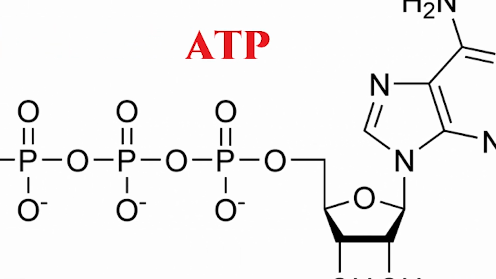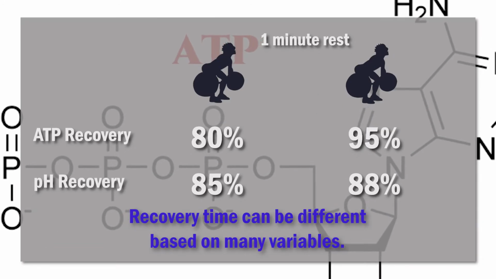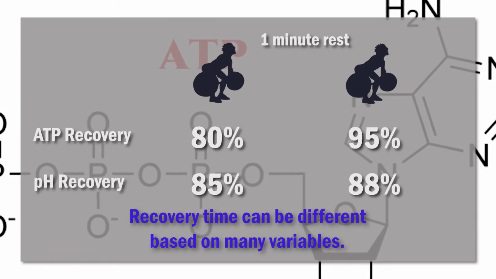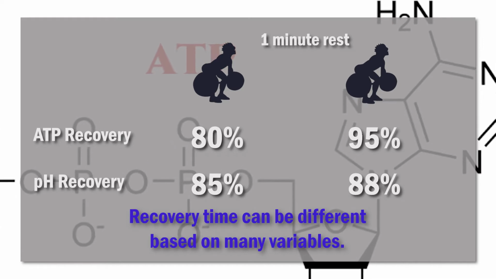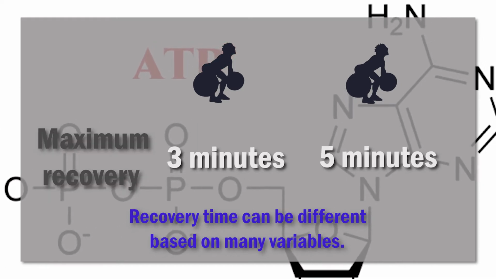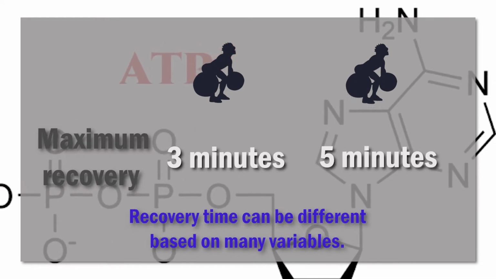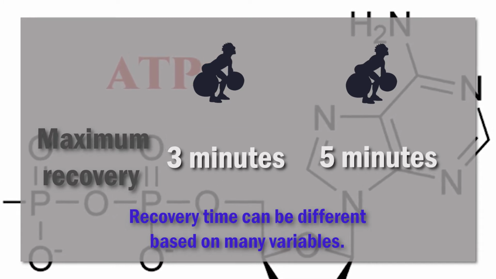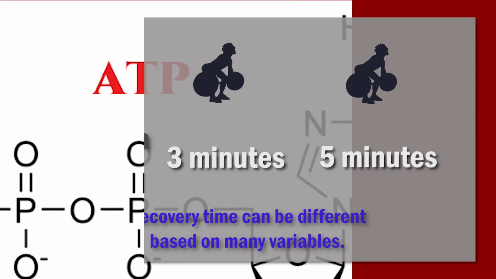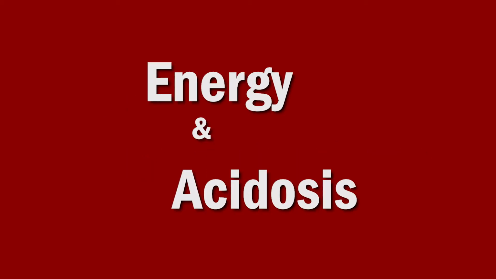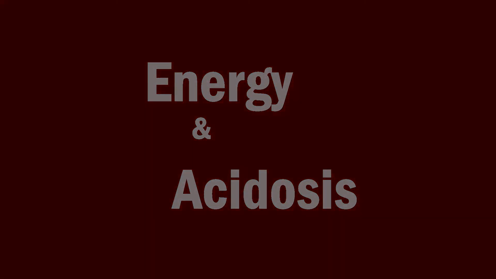So a value of 1 minute may be more than sufficient for one person, but less so for another. Or in multiple repetitions, a complete recovery could be made in 3 minutes for one person and 5 minutes for another. There are without a doubt several considerations, but from a bioenergetic standpoint, the limiting factors come down to energy availability and in some instances, acidosis.